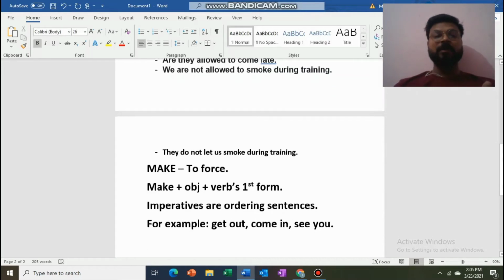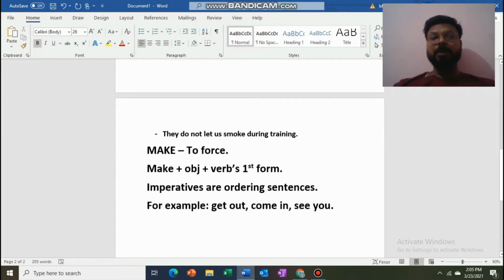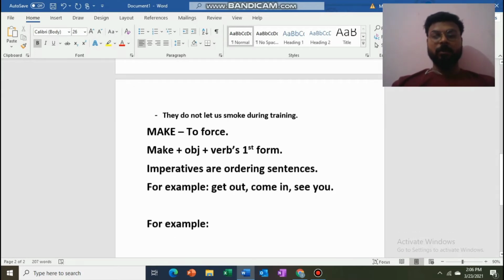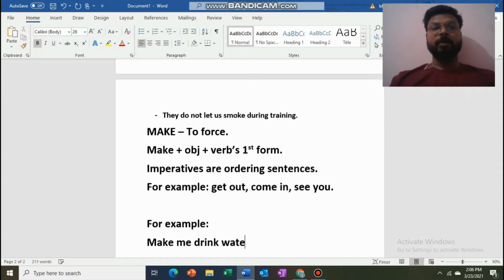Okay, so next part is the example. For example, these are the examples of make causative. Okay, so it is: make me drink water, right? Like when we visit somebody and they ask us how would you want me to treat you, or what would you like to have.